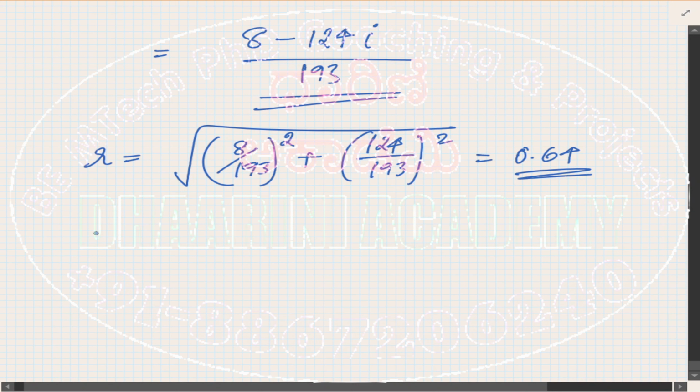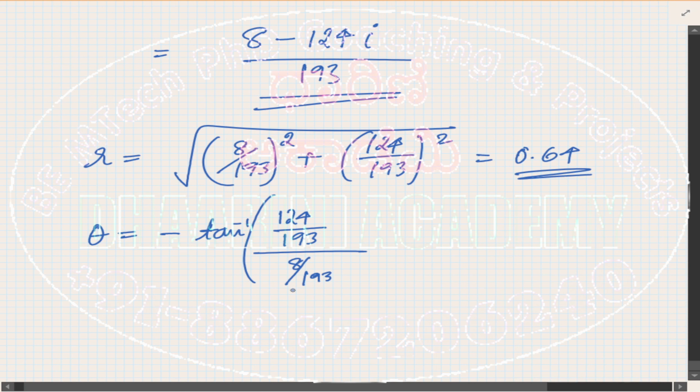To find the argument theta, I can see that in this case y is negative and x is positive, so this has to be minus. Tan inverse of the y value should come first, minus 124 by 193, the whole divided by 8 over 193.